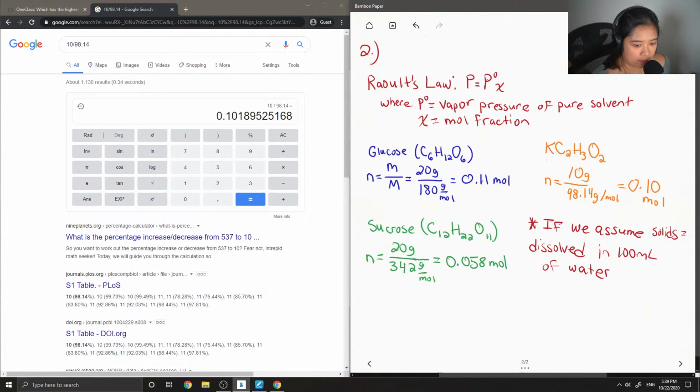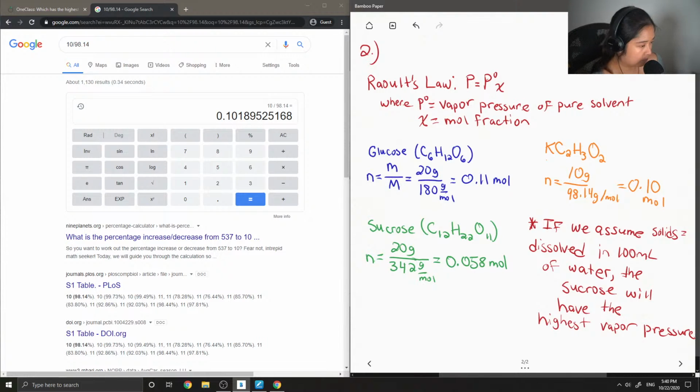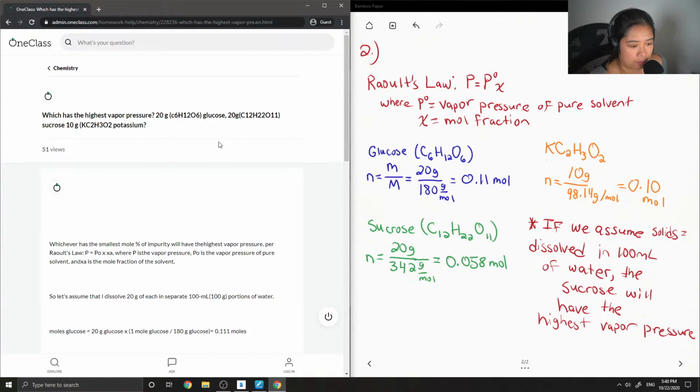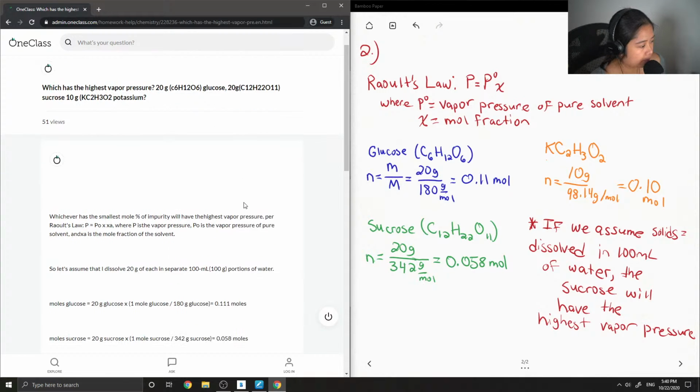So in this case, it's the sucrose. Okay, so that's because the sucrose has the least number of moles.